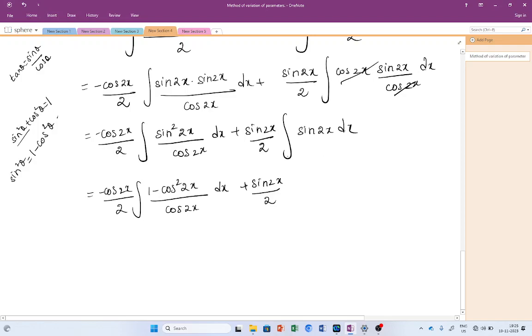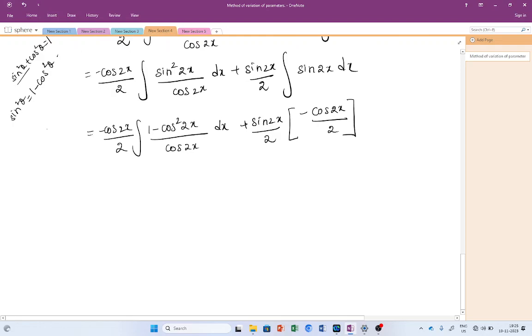Integral of sine is, I'm integrating this, so it is minus cos 2x divided by 2. Okay. So now it is minus cos 2x by 2. I'm just splitting the denominators.